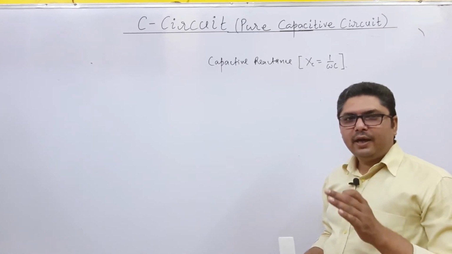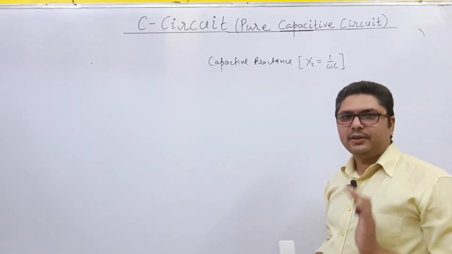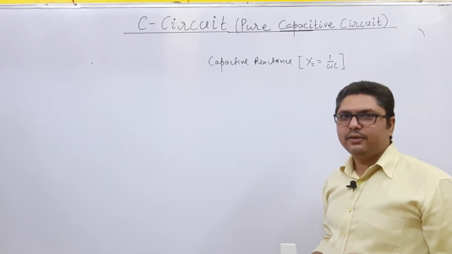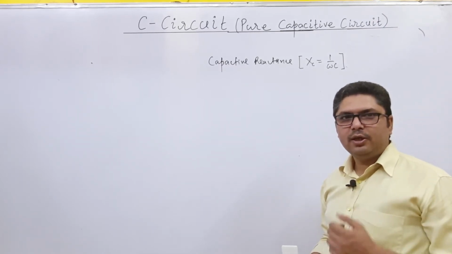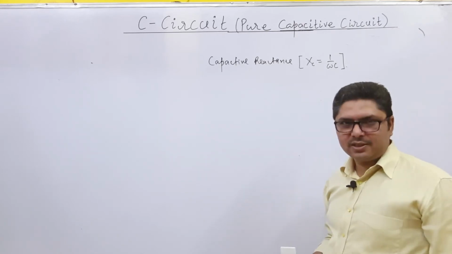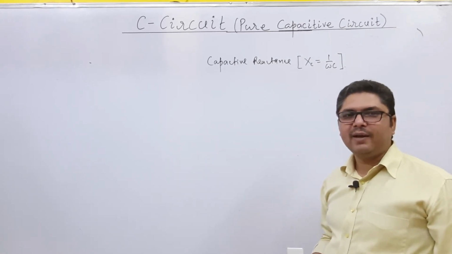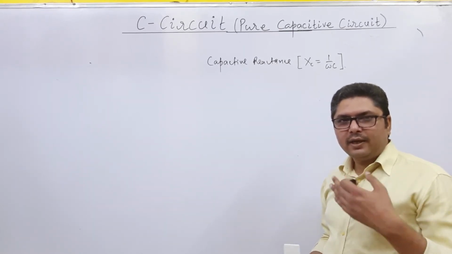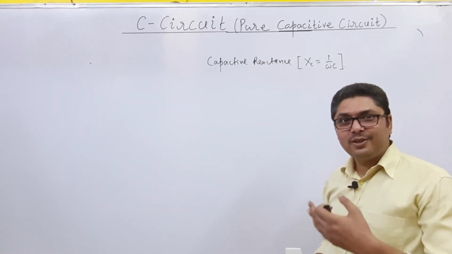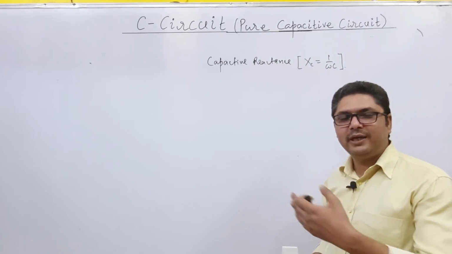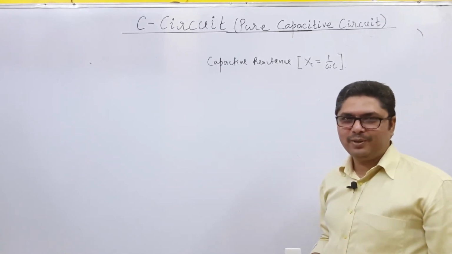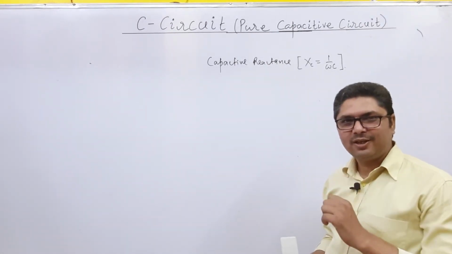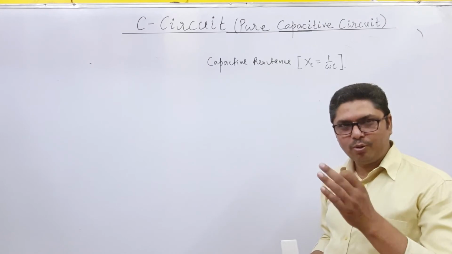When we apply current to a capacitor, the capacitor opposes the current. This opposition is offered like a resistance, and this is said to be capacitive reactance. So we can define it as the resistance offered by a capacitor to the flow of current through it. Since it is a type of resistance, its SI unit is also ohm.